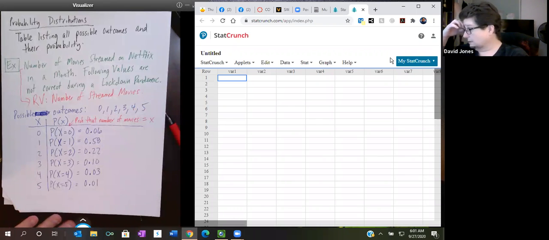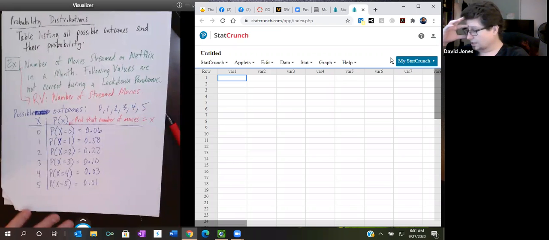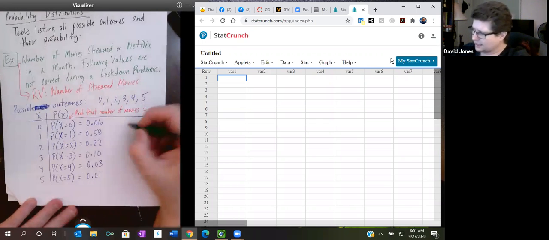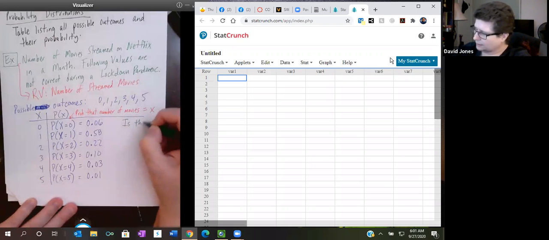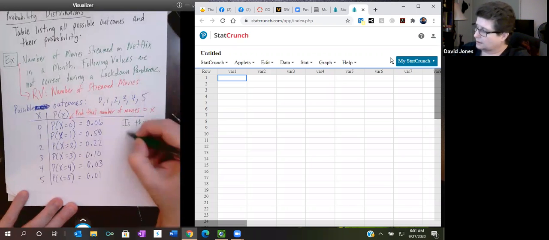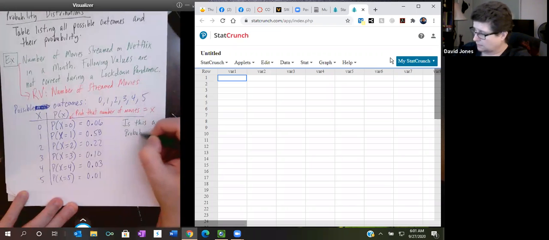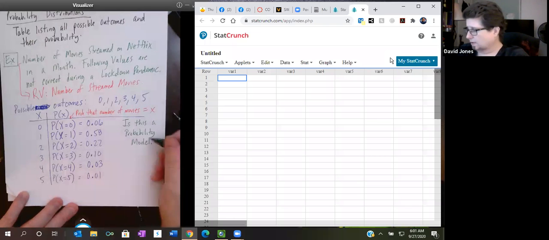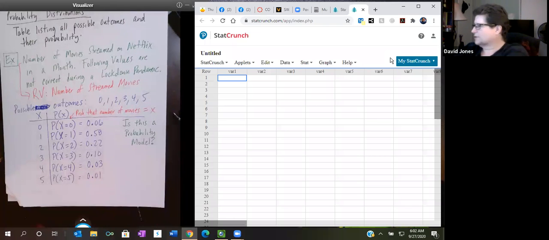All right. So this is a probability distribution. Well, is it? Is this a probability model? We've discussed some requirements for probability before.